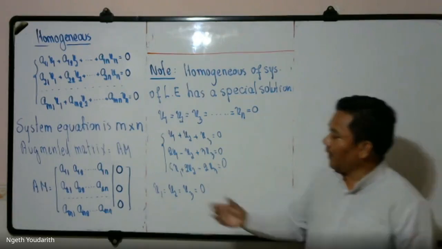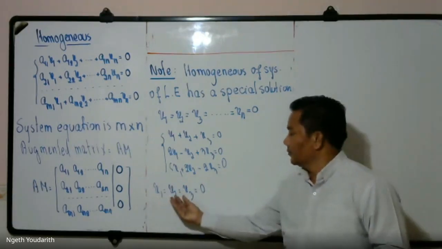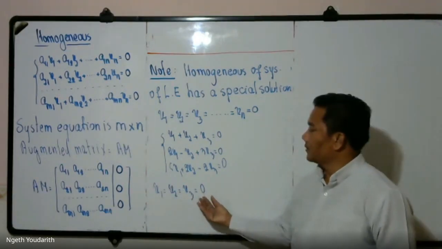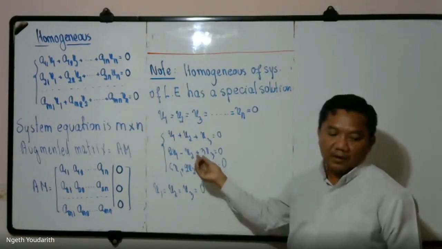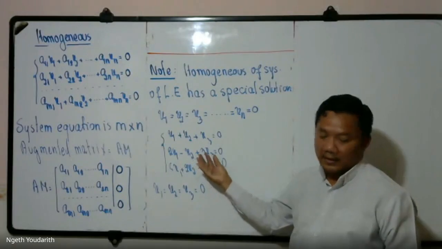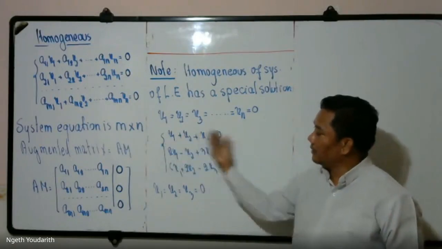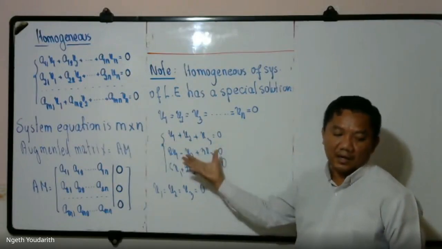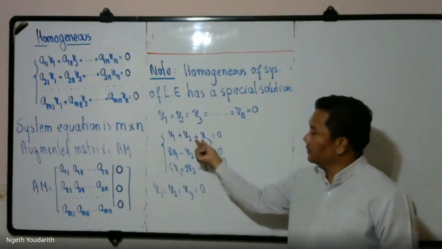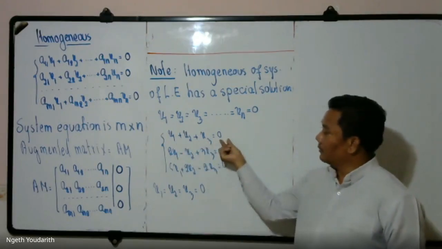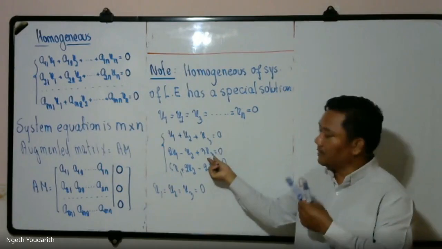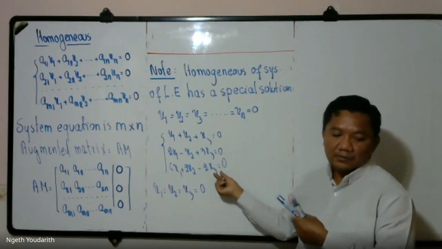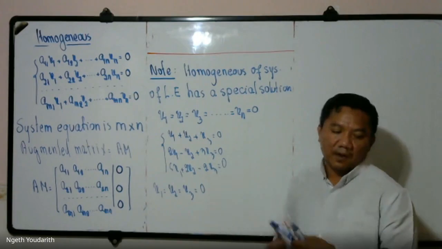Why? Because when we substitute x1, x2, x3 equal to 0 into these equations, we get them certified. It means that the left hand side and the right hand side are equal to each other. The left hand side is 0 and the right hand side is 0, so it is certified. And this one is also certified, and this one also certified.